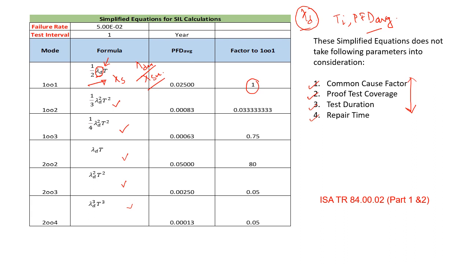There may be error in calculation compared to if you do the calculation using the SIL solver, but that will not be that enormous, and you will obviously be getting a conservative result. So that is always good for safety, right?